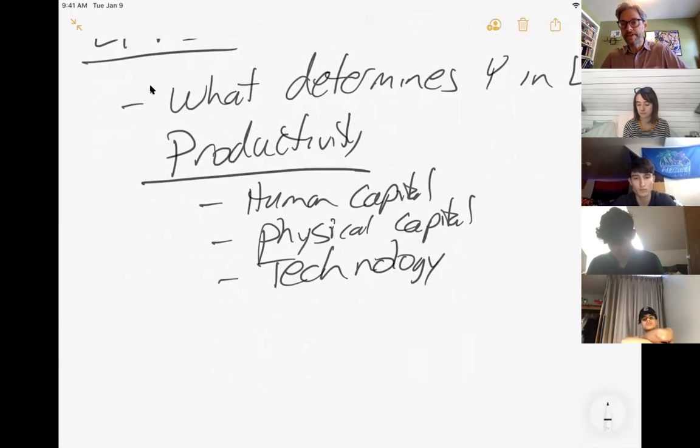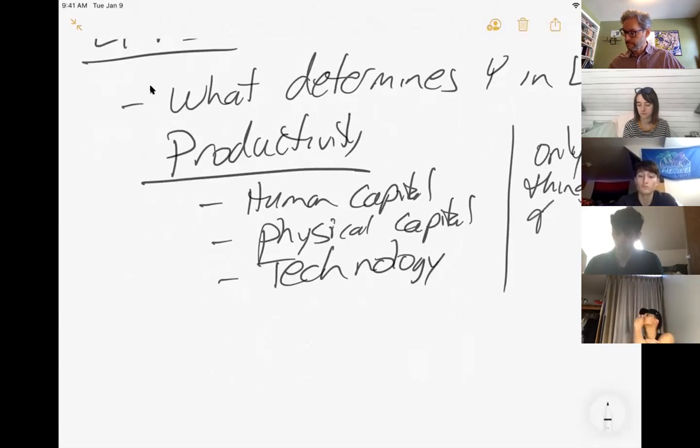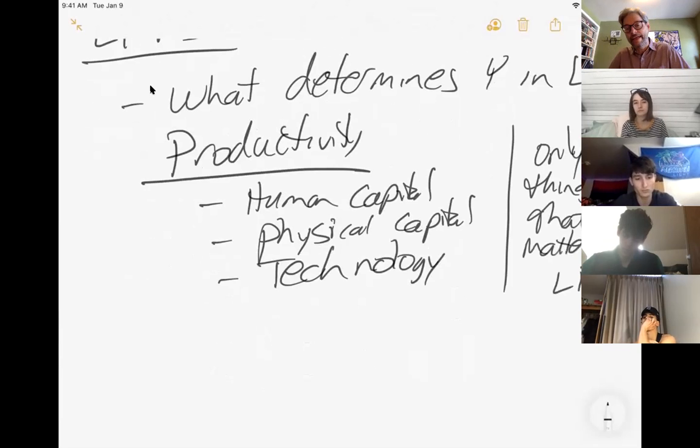This is the only thing that matters in the long run. That's what makes a country rich. These are the things that determine productivity, and that's what we learned in chapter 9.